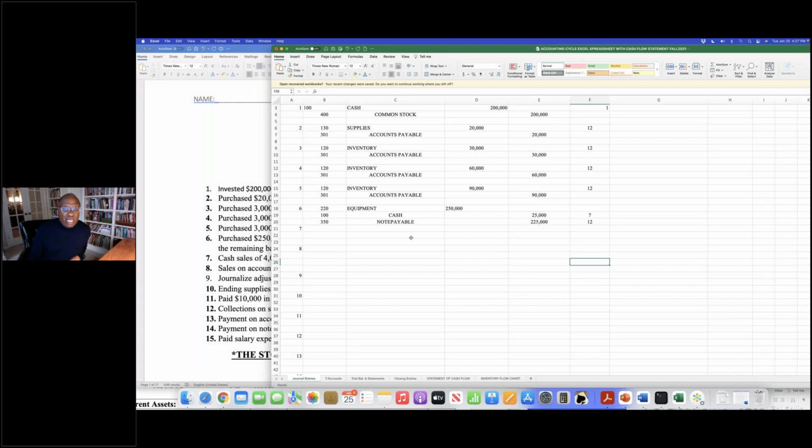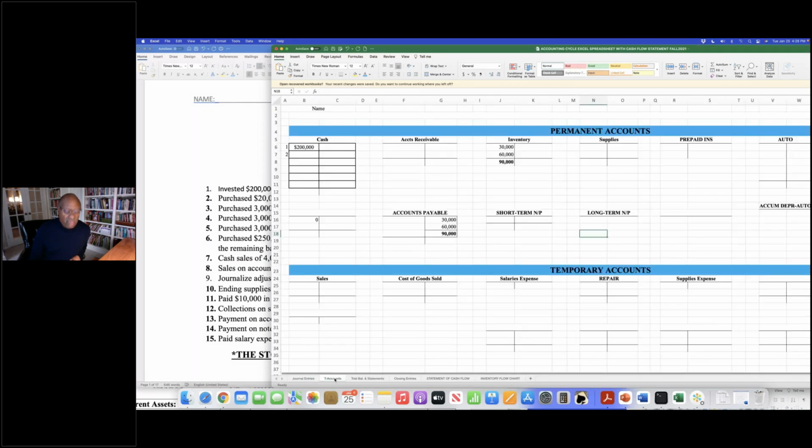Let's see if we can get these posted. 4, 5, and 6. A lot of times it's good to put those journal entry numbers in so you can go back and check.